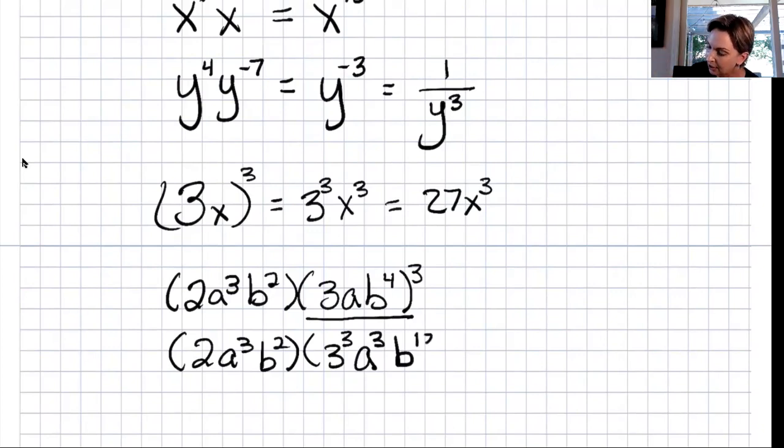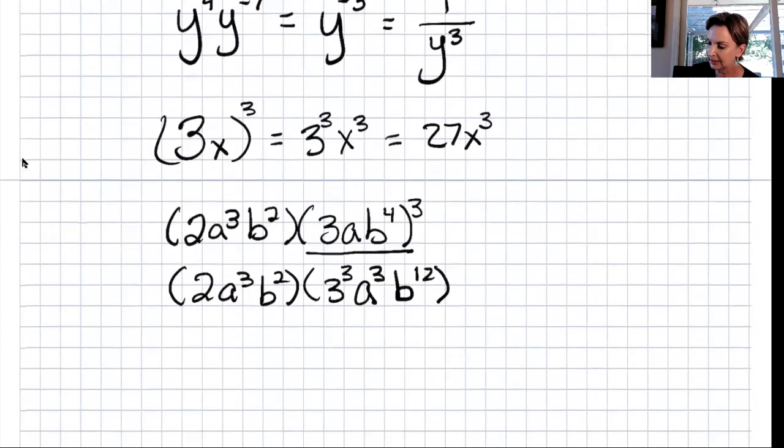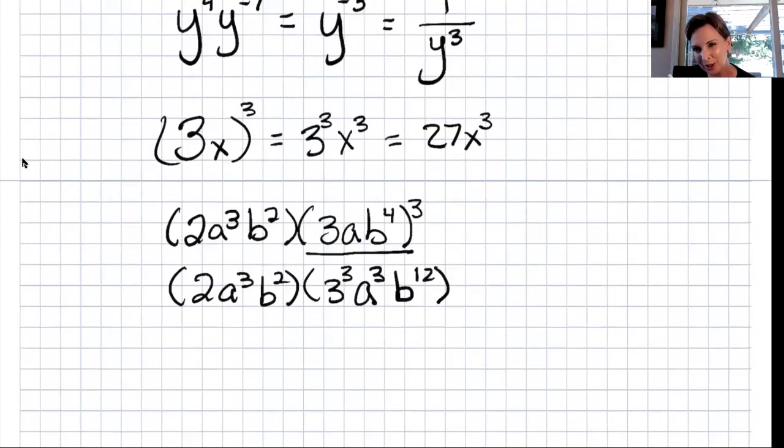So that's going to be a 12. Now, I do know what 3 to the third is. It's not 9, it's 27. So I'm going to change that to a 27. Now we're going to combine these two parts into one single expression.